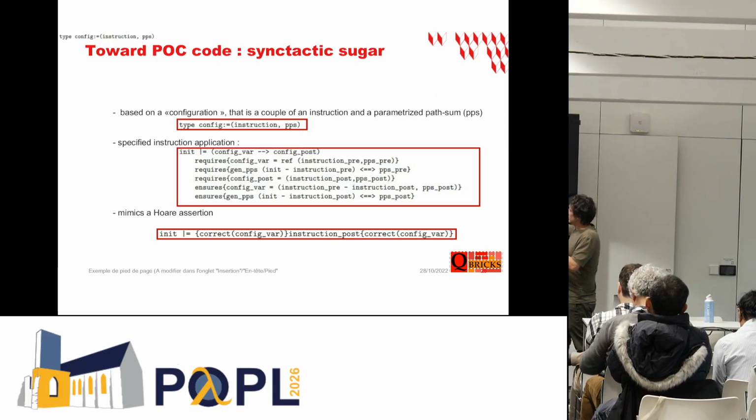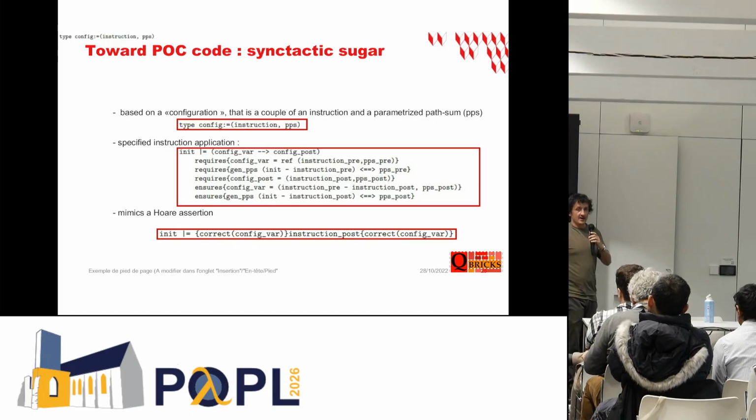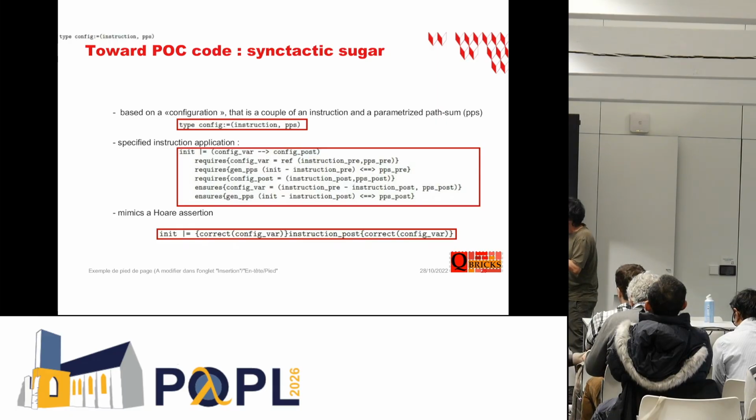Basically, the kind of specified assertion that I use is this one, where there is an initial state, and then there is a variable configuration, a variable object of this type. The idea is that we apply some configuration updates, and this function here, which is a syntactic sugar, ensures that the satisfaction is preserved along the update, which basically mimics an assertion from the initial state.